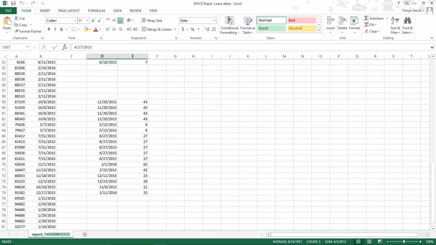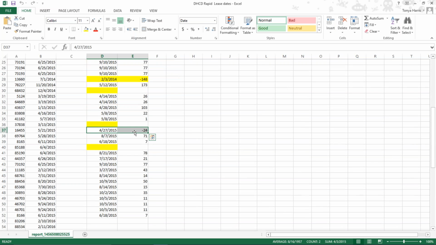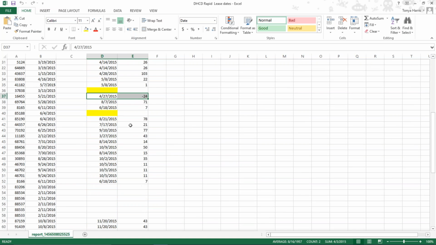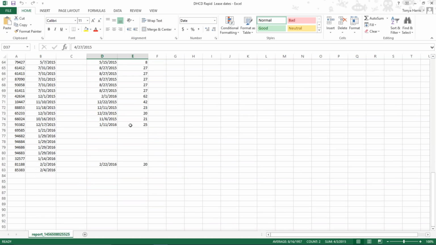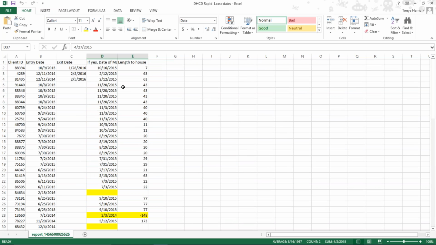So this report here, you should really be scratching your head going, wow, is my data all over the map like this? Is it taking me on average 40 days to house people? Okay, so the lease date is very, very critical.